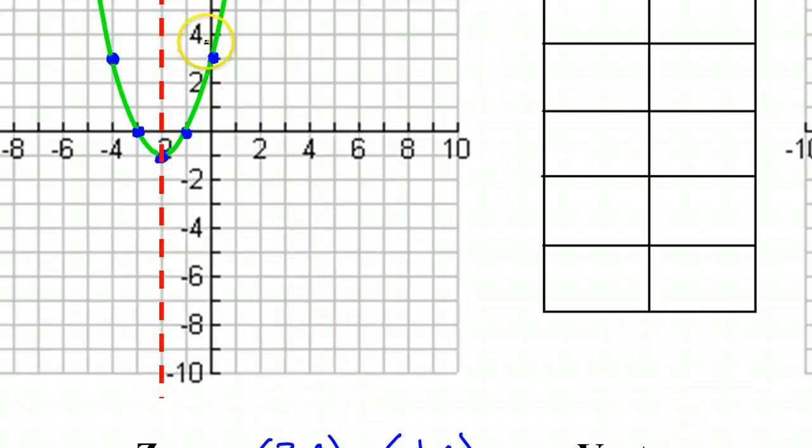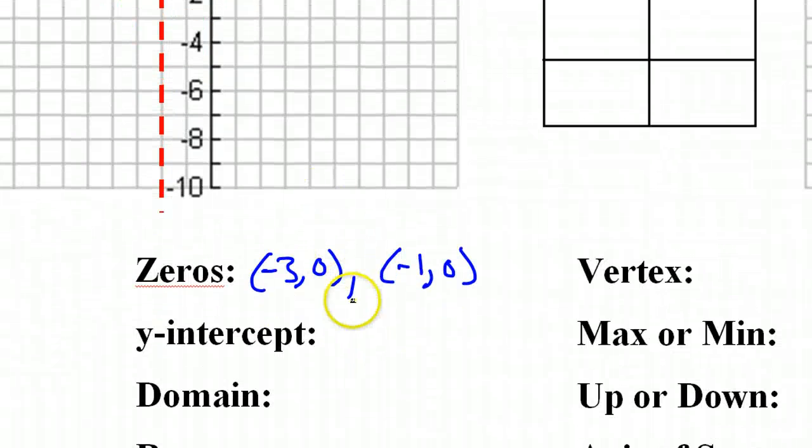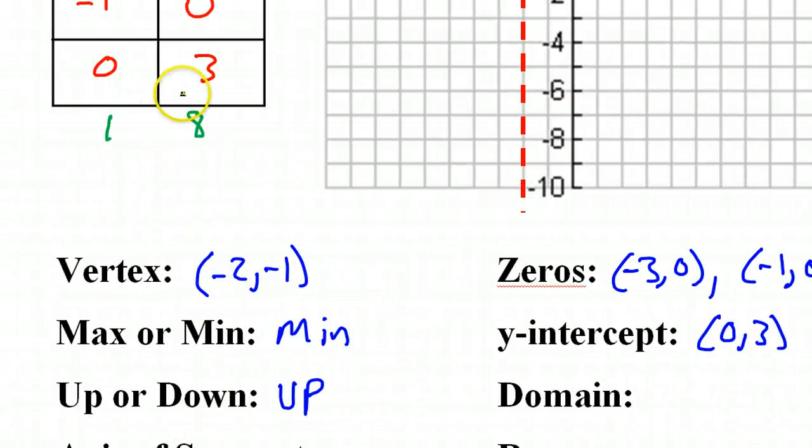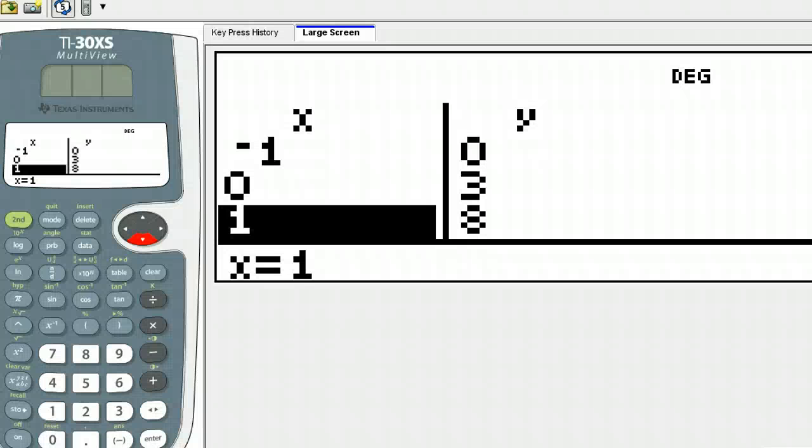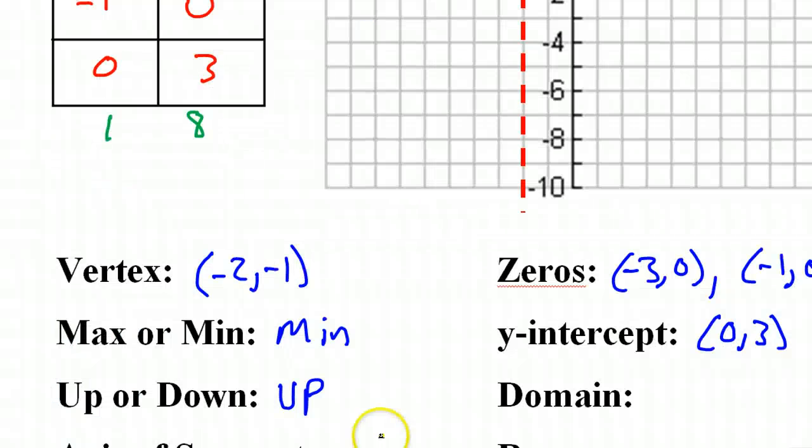Now the y-intercept is 0, 3. The y-intercept is always 0, something. If ever you don't see it on your chart, just look for it on your calculator. Go to 0, that'll be your y-intercept.